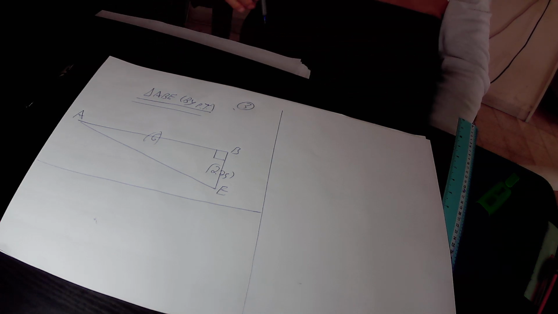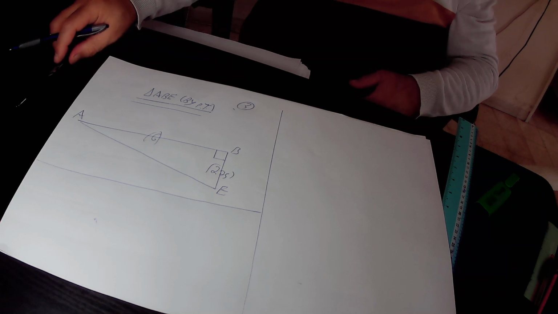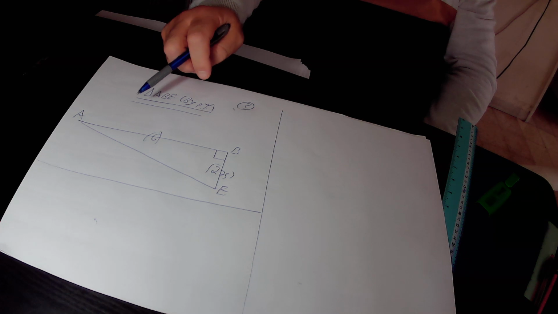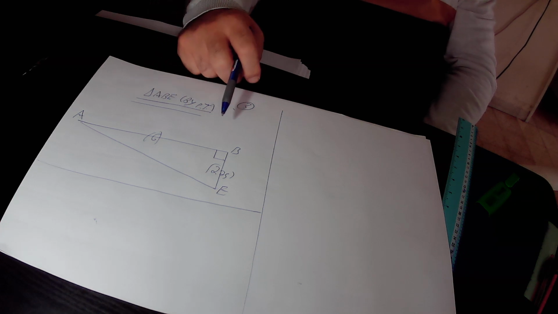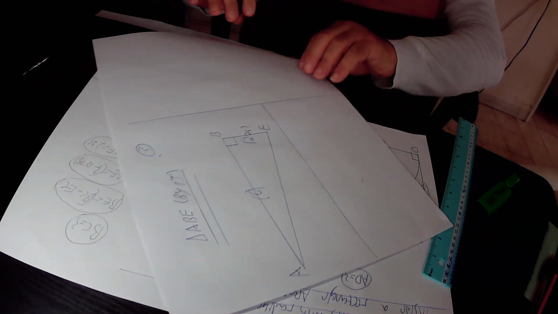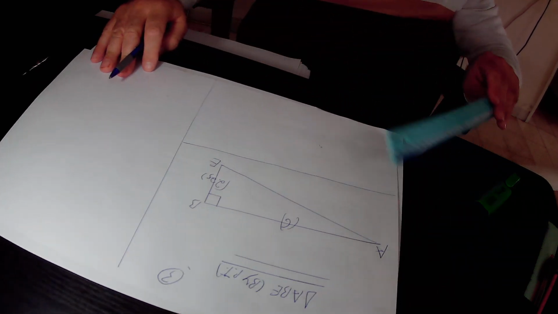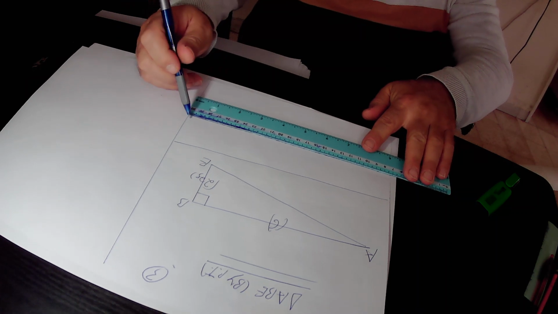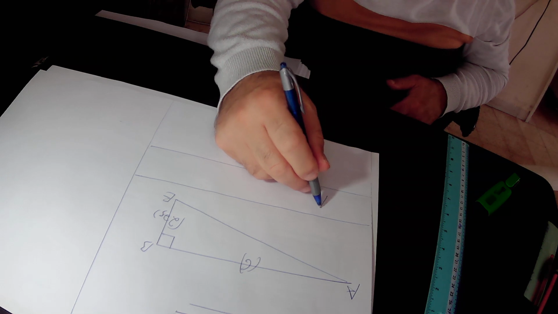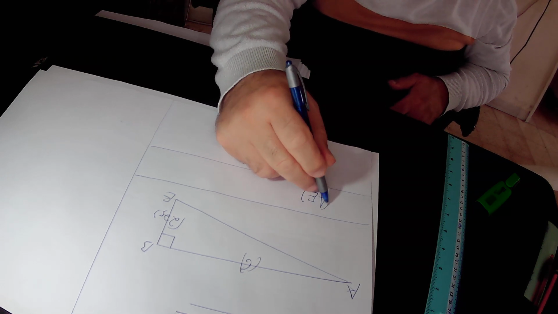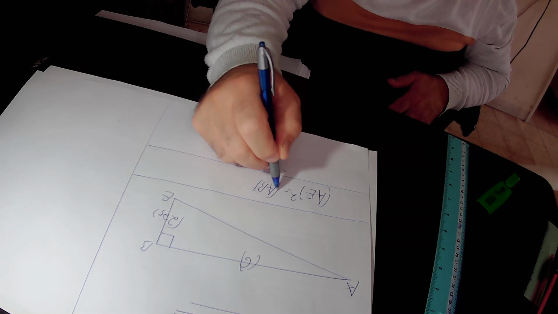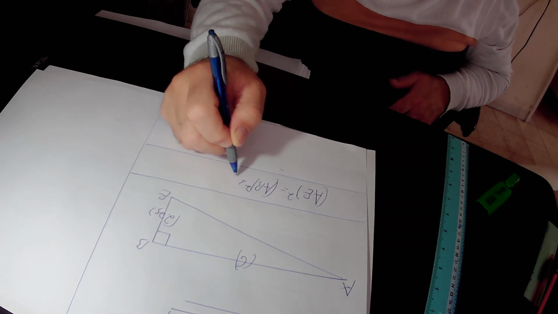In this right triangle ABE, according to the Pythagoras theorem, AE squared, that is the square of the hypotenuse, must be equal to AB squared plus BE squared. So write it down. AE squared equals AB squared plus BE squared.